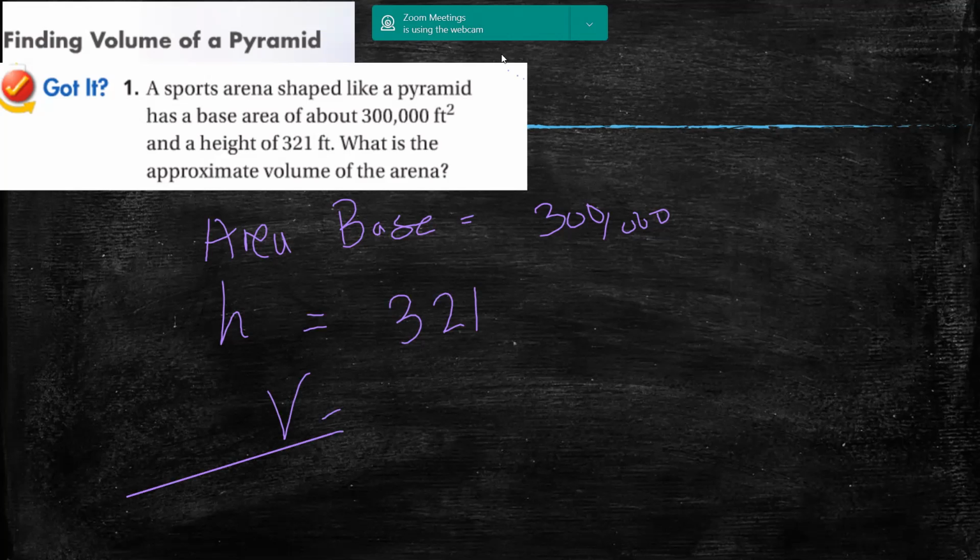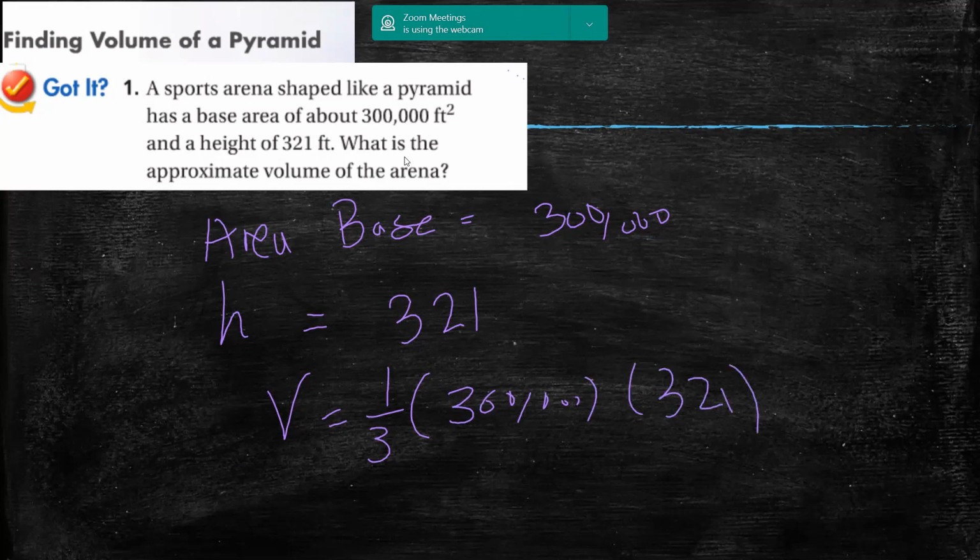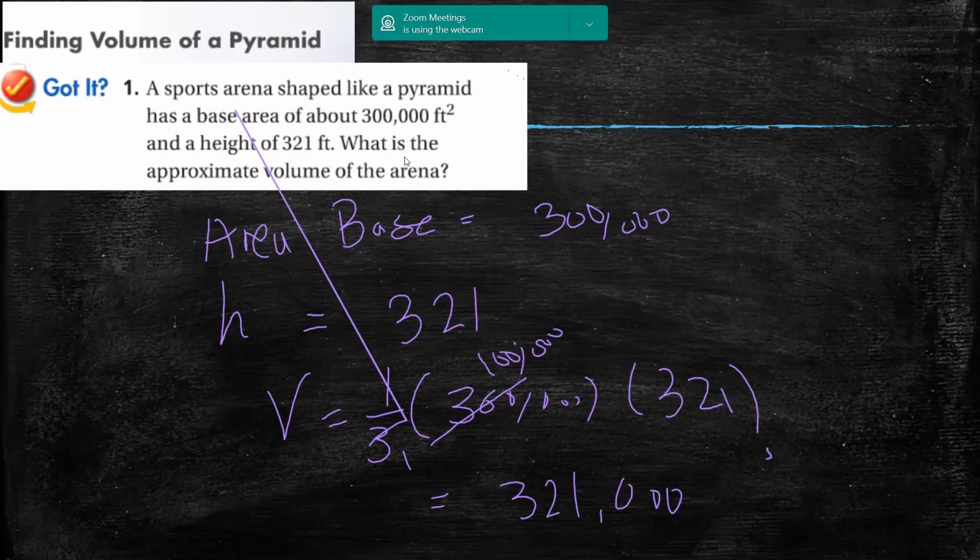Now, to find the volume, we said it is a third B times H. A third of 300,000 times 321 gives about 32,100,000 cubic feet.